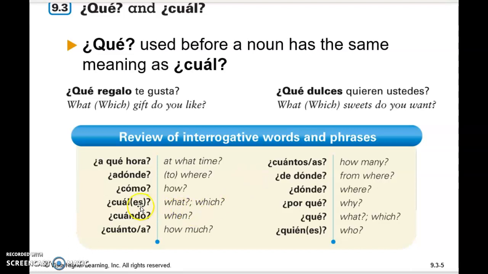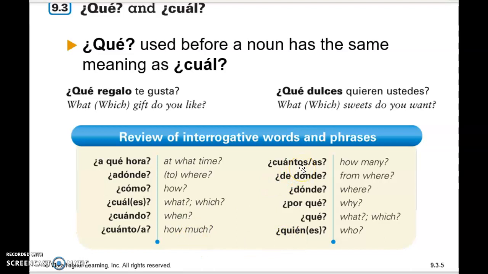Whenever you see these parentheses, please keep in mind that we are going to use this in plural form. So, for example, ¿quiénes van a la fiesta? Who's going to the party? But we're using the plural form.